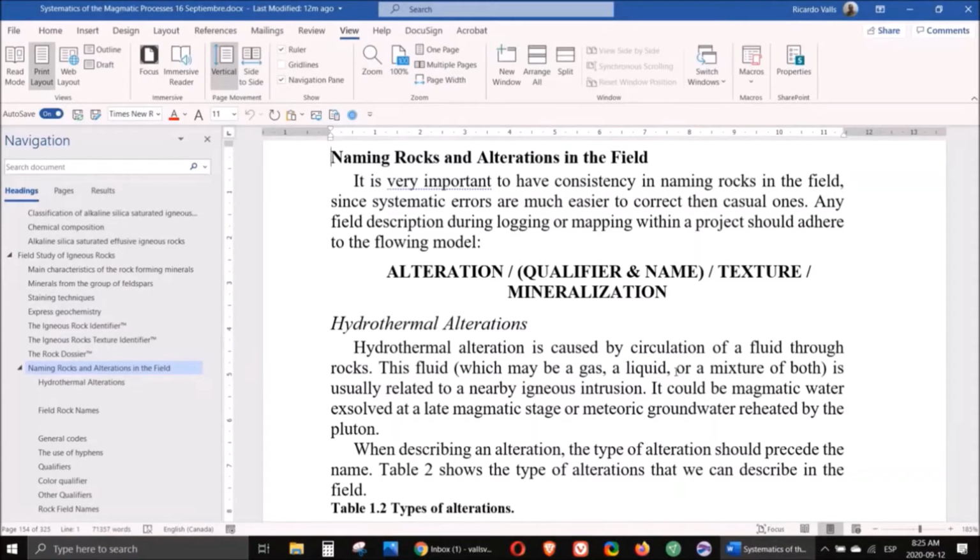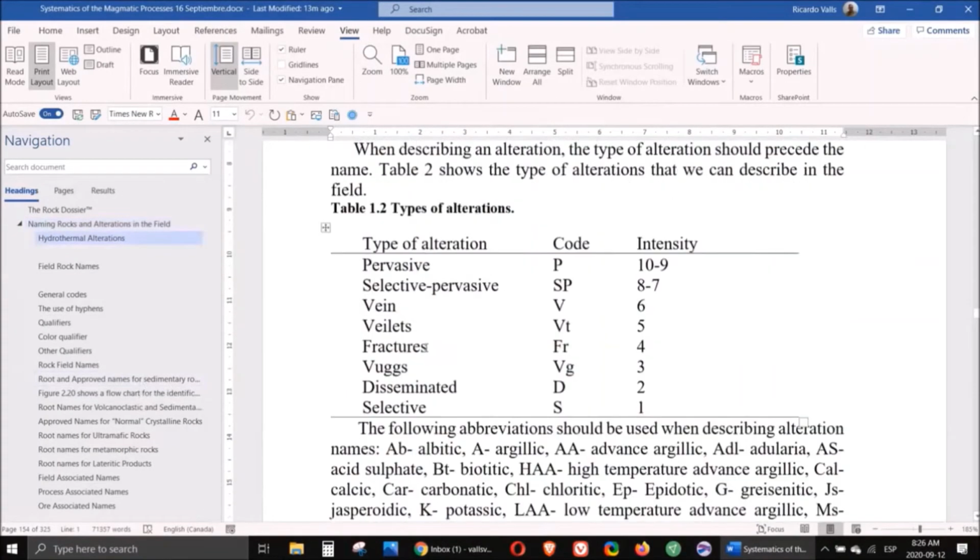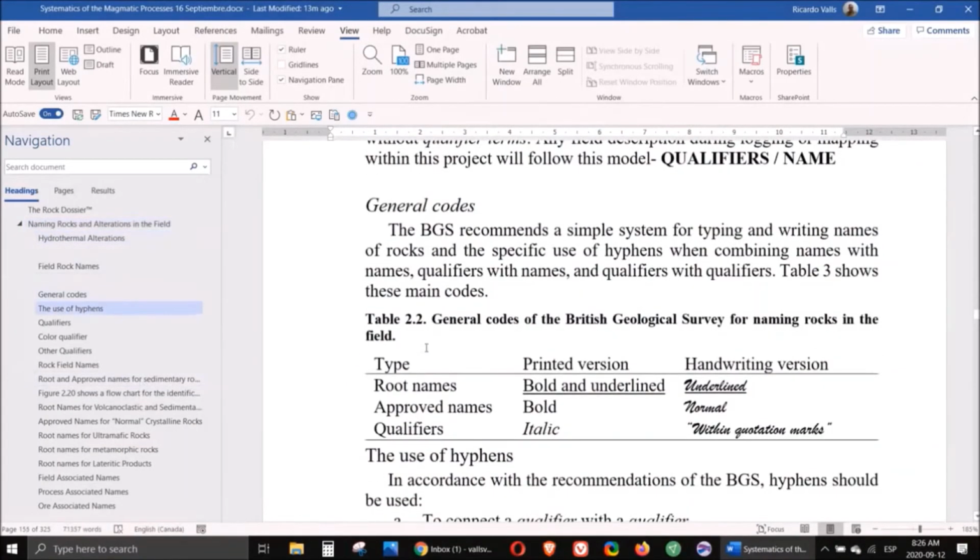We start by describing the alteration, meaning the hydrothermal alteration, then the name and the qualifier of the name, the texture, and the mineralization. And there is this section about how to do these classifications and finding the names and all the approved names, all the root names. There is a section for laterites specifically.